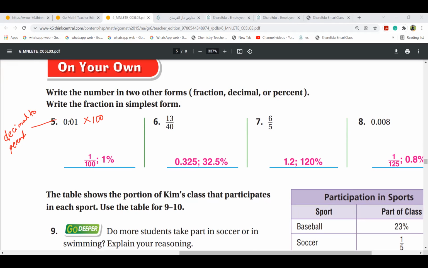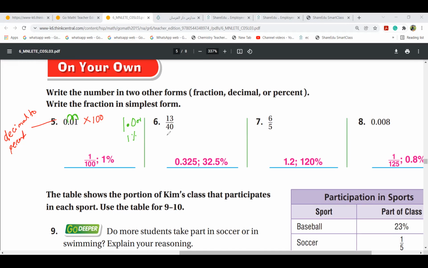The point shifts how many places? 2 places. The point shifts 1 and 2. It moves here 1 and it moves 2 places. So you have 1.0 or 1%. Any questions? Any questions? No.